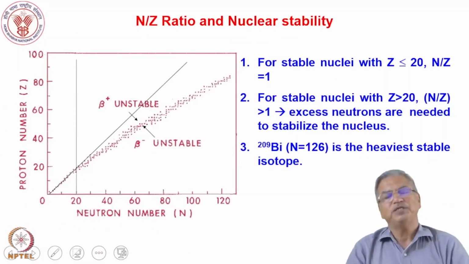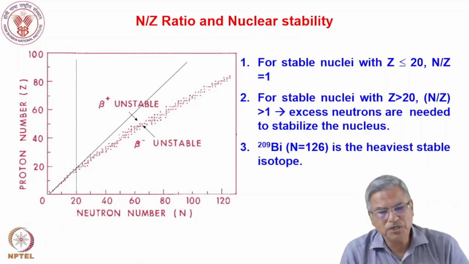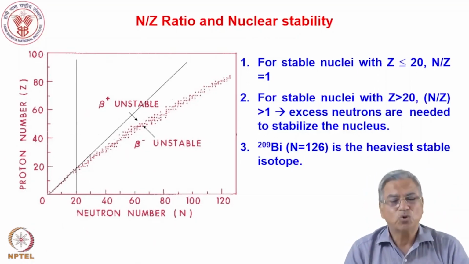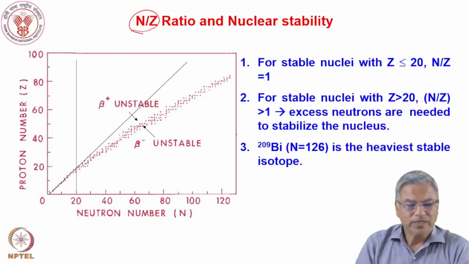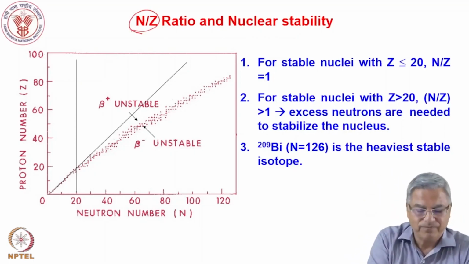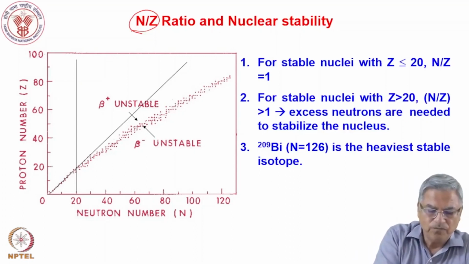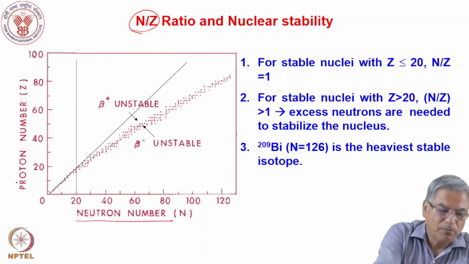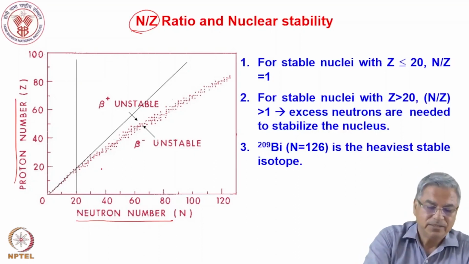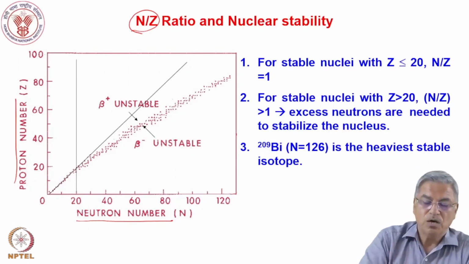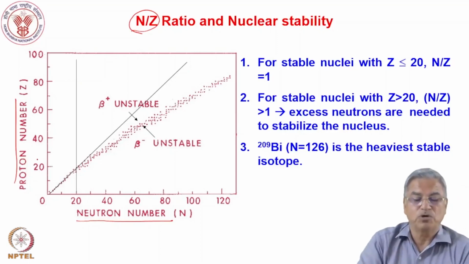Another important property governing the stability of the nucleus is the neutron to proton ratio, the N by Z ratio. What I have shown here in this graph is the number of neutrons and the number of protons for stable nuclei. This distribution shows how these stable nuclei are distributed with regard to proton number and neutron number.